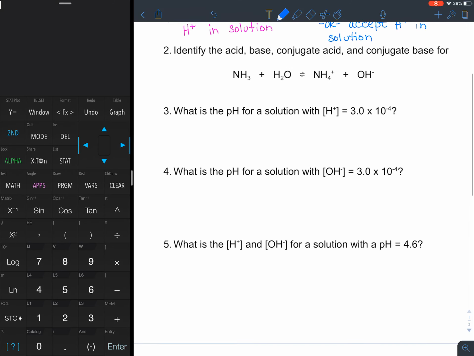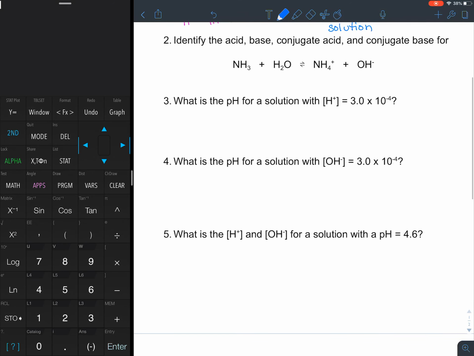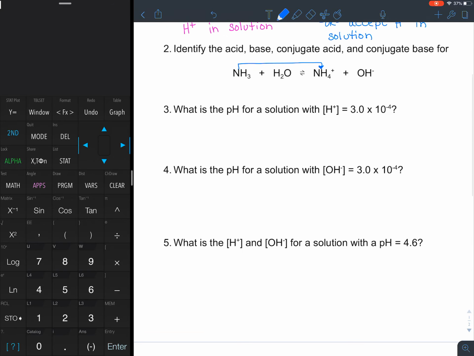Question 2 asks us to identify the acid, base, conjugate acid, and the conjugate base. The acid and the base are always going to be on the left-hand side of whatever equation we're looking at. We want to see what happens from the left side to the right side of the equation. In this case, let's take a look at NH3. From the left side to the right side, NH3 ends up gaining one hydrogen ion.